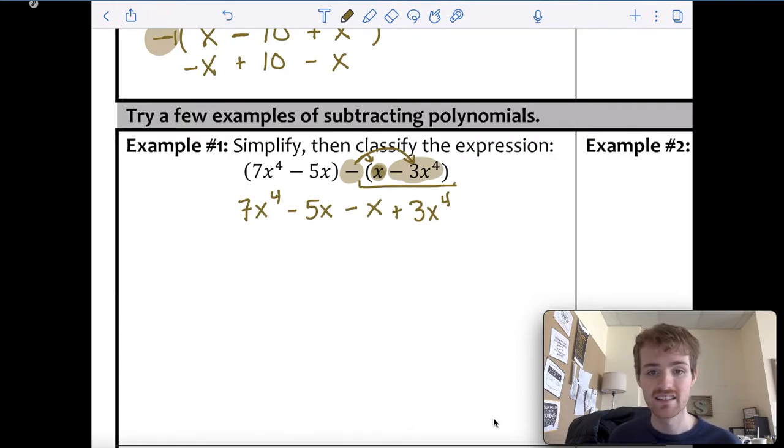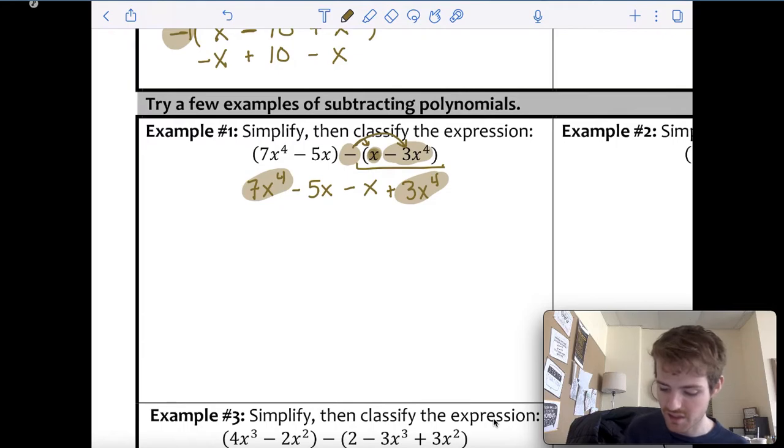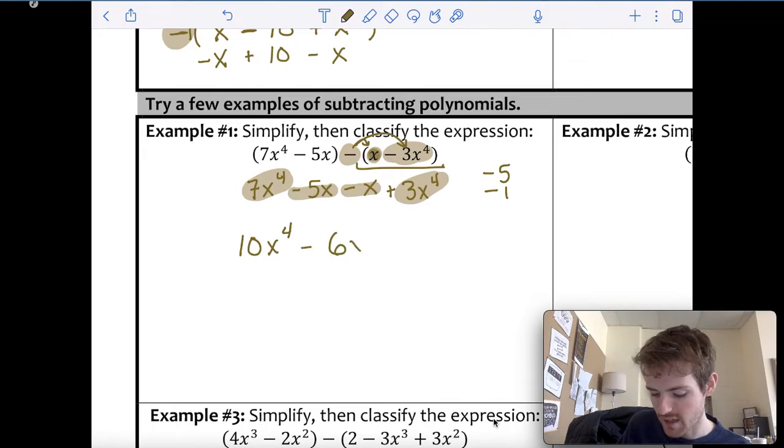Now that we've done that step, we can combine like terms. So here I see like terms. I have those exponents of 4s. 7 plus 3 gives me 10x to the fourth. And then I have -5 and a negative x. Well, -5 minus 1 will give me minus 6x.